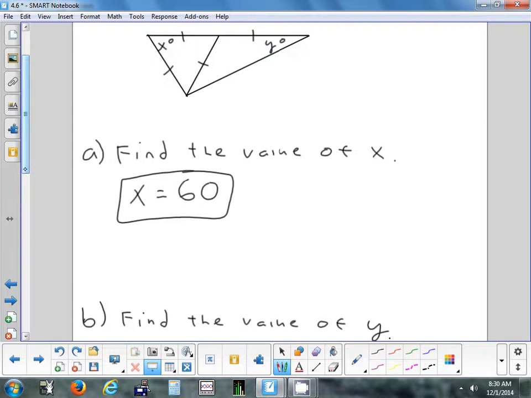Let's find y. I don't think they could tell me what y is. There might be a couple different ways to think it through. Yeah.